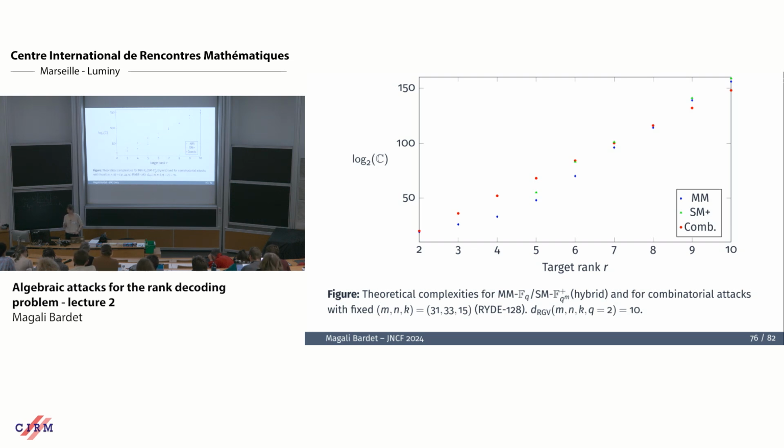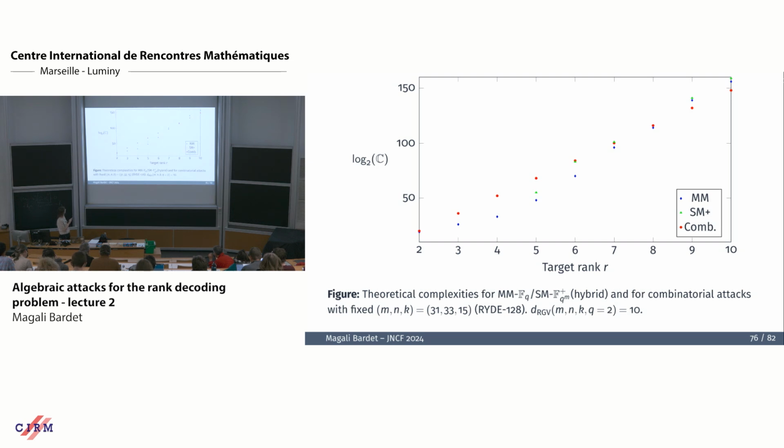So we can then estimate the complexity for the concrete parameters for the submission to the NIST competition. So these are the parameters for the RYDE cryptosystem, the first security level. Here you have the target rank, the rank of the error that is your secret.